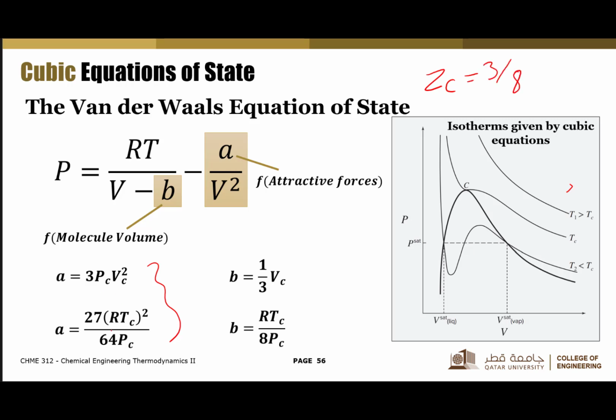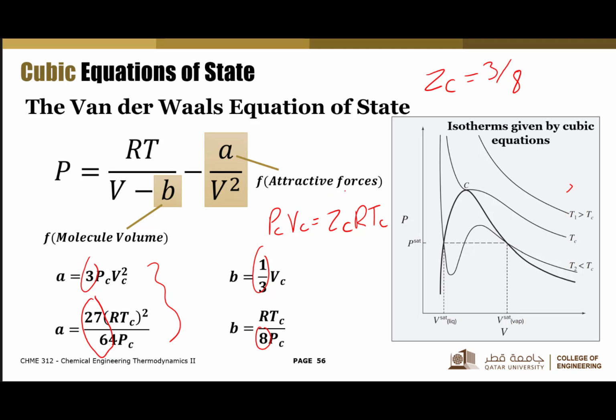That's how we convert from this 27/64 to 3 and this 1/3 to 8. What equation did I use? PC VC equals ZC RT_C. Basically PV equals ZRT, but all at the critical points.